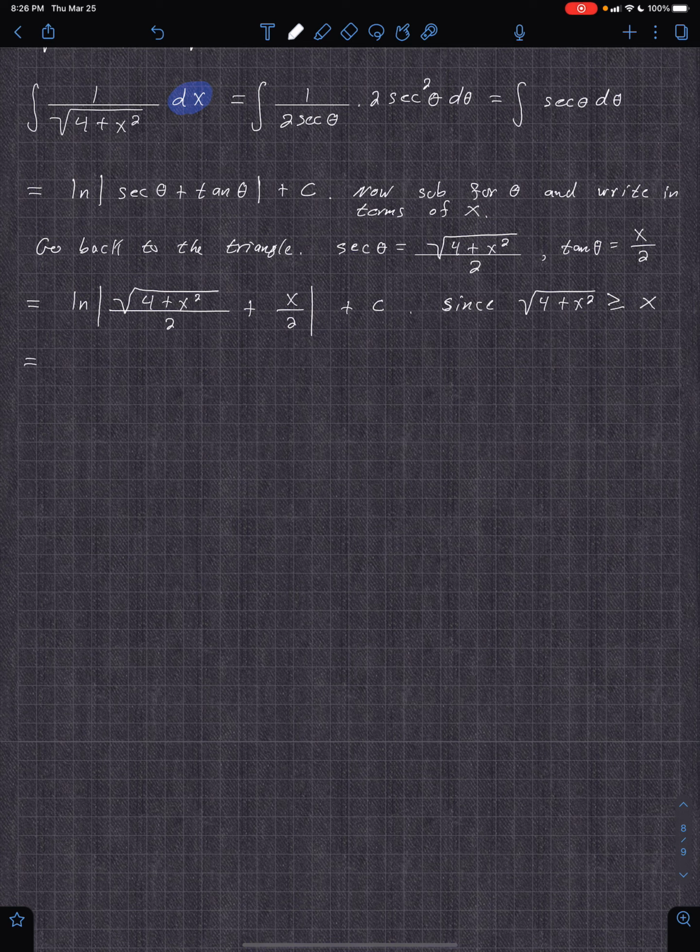We can drop the absolute values, so you just get this, and I'm going to factor out that half. So it's the square root of 4 plus x squared plus x, and then it's times a half.